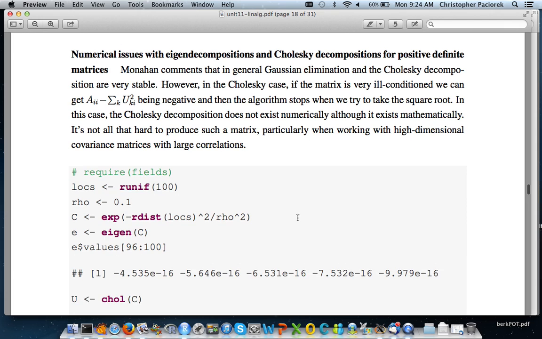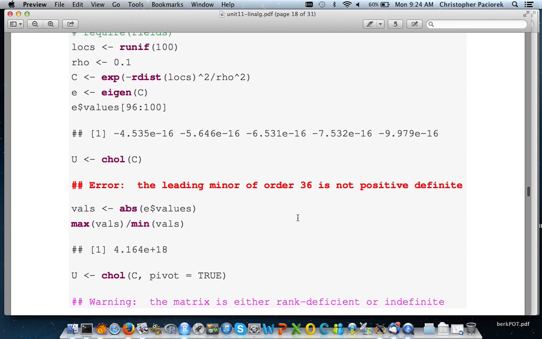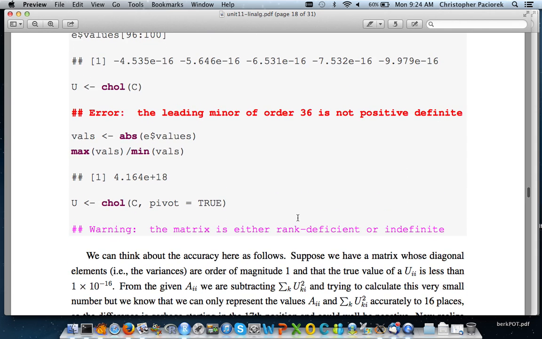Okay, so that basically happens when the matrix is very ill-conditioned, when the ratio of the largest magnitude and smallest magnitude eigenvalues is very, very large, which is the basic context in which we've seen that there are going to be problems. In this example, if I went back to R, what I would see is that the condition number of this matrix is something like 10 to the 18th.